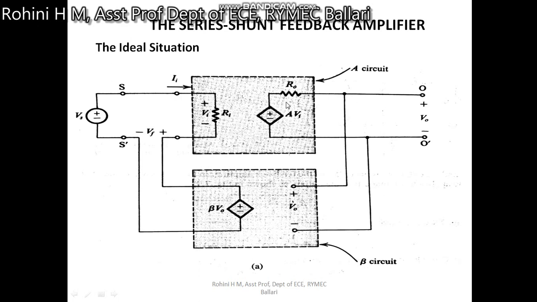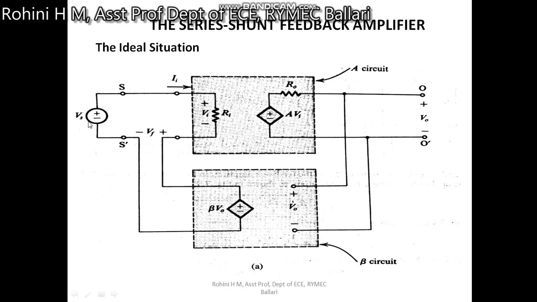This is the gain of the amplifier circuit, that's why it is called the A circuit. The feedback circuit at the input side is connected in series, whereas at the output side it is connected in parallel. Port 2's above port is connected to the above port, below to below. So it is a parallel connection here and a series connection there. Therefore it is called the series shunt feedback amplifier.